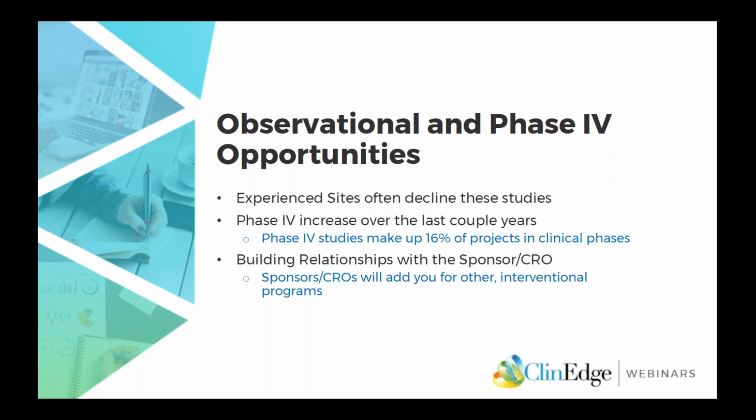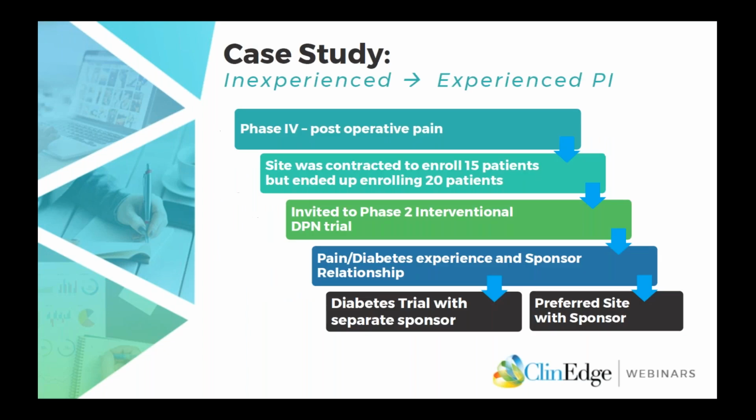It also has this alternate effect with any study you work on: it builds relationships with the sponsors and CROs. Maybe they'll add you for other interventional programs. That could be helpful.